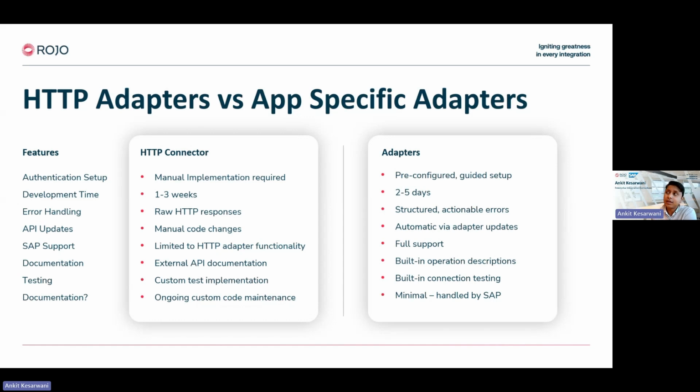On the other side, if we are using standard third-party adapters available in SAP Integration Suite, our configuration time reduces by a big margin, almost from 2 weeks to 2 days. What does it mean? As an integration developer, I don't have to handle any authentication problem. It is already solved in the adapter.